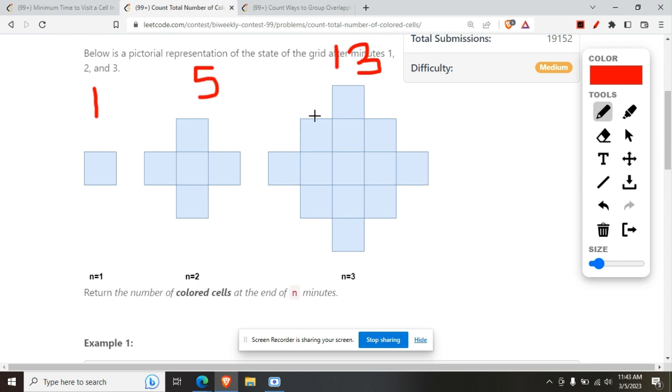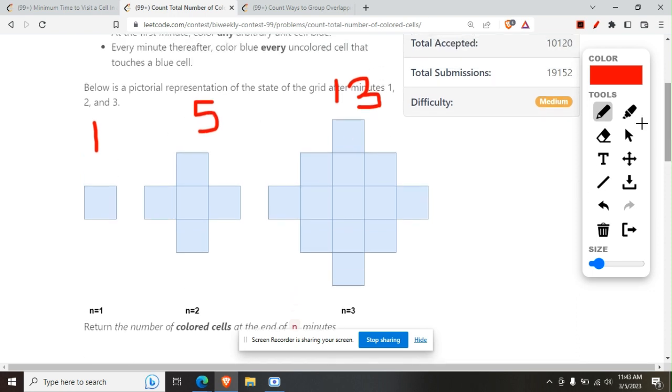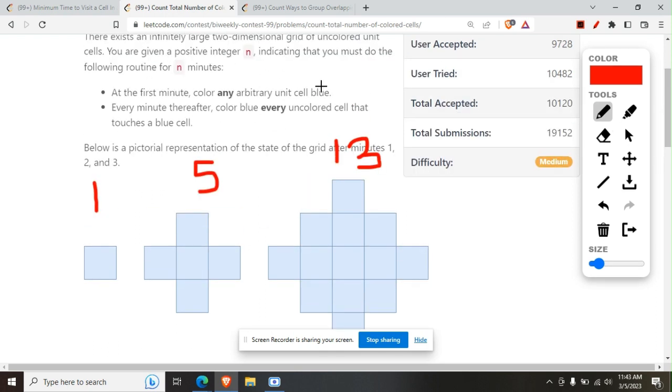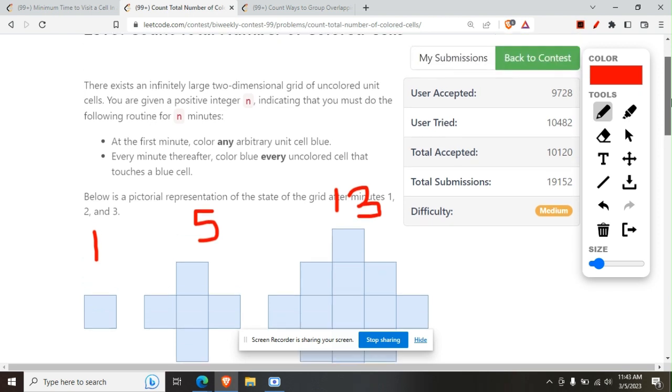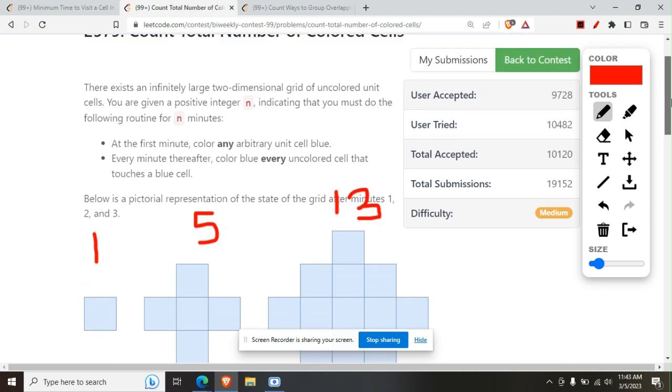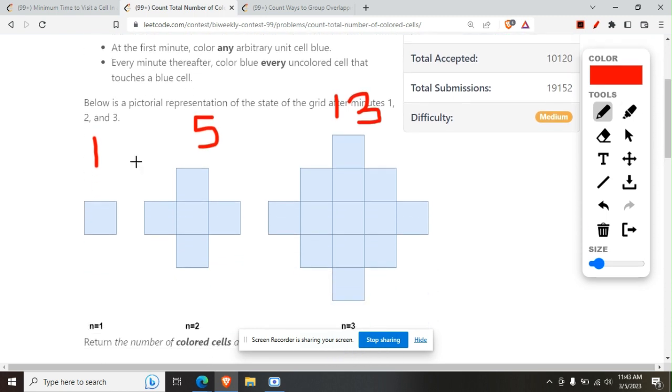These types of questions do not require a huge implementation of a data structure like a priority queue, or sorting. An array would be easily done for it, and some mathematics. So what do we need to observe here? At n equals 1, it is 1. At 2, it's 5. And at 3, it's 13.